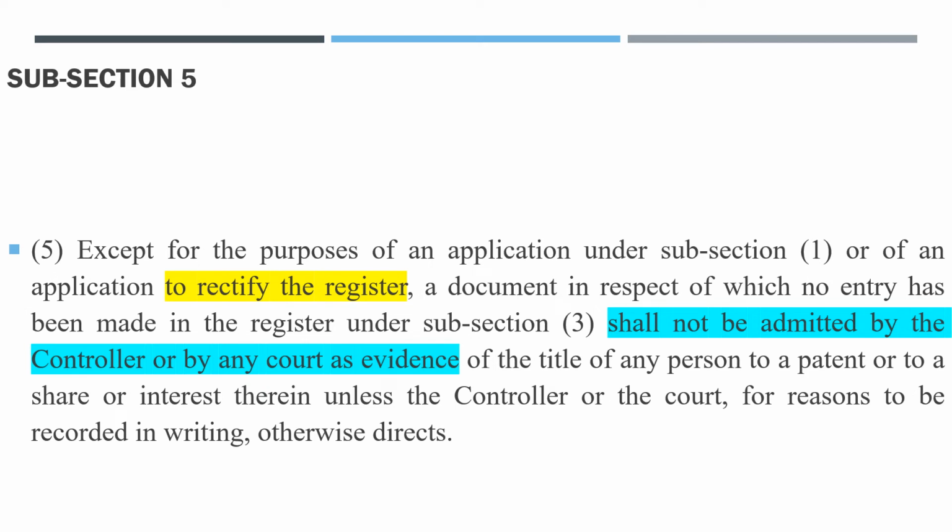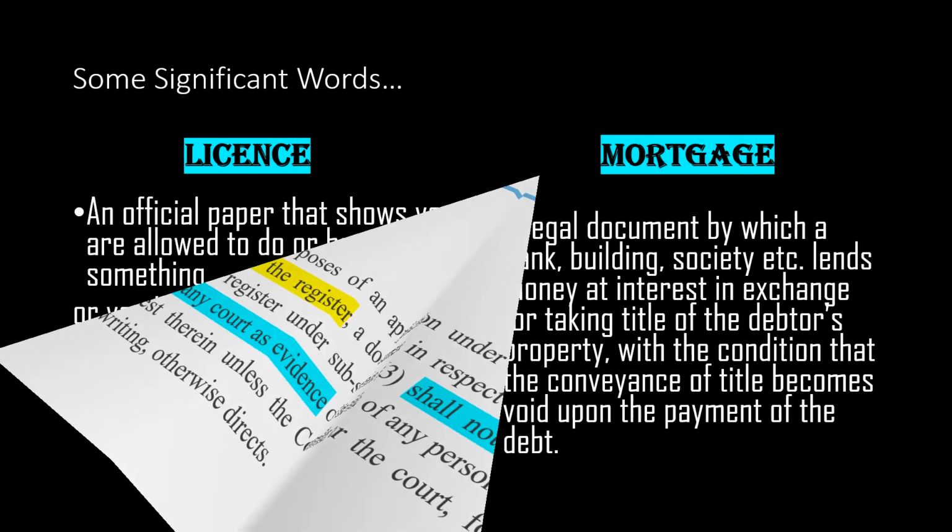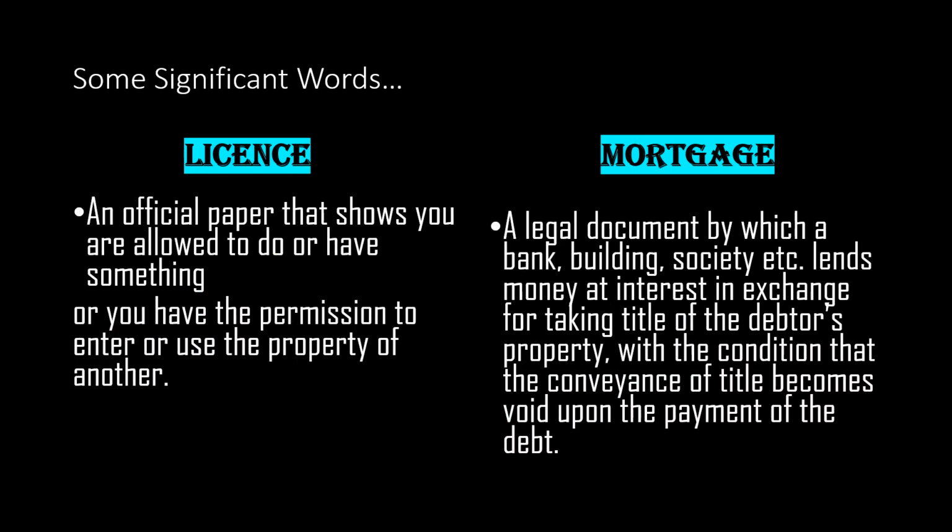Okay, friends, so this way all the subsections of section 69 are completed. Please try to understand the essence of these subsections. Now, some significant words that we have discussed during the explanation of all the subsections. So, just take a look. License.